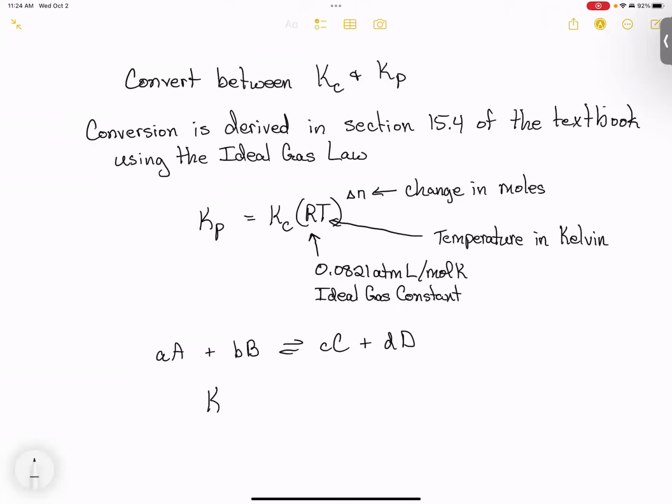So our Kp would be equal to Kc times RT, and then change always means final minus initial. So for our exponent, it would equal c plus d minus a plus b.